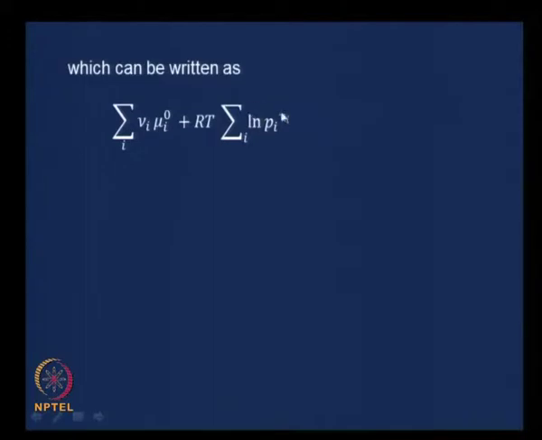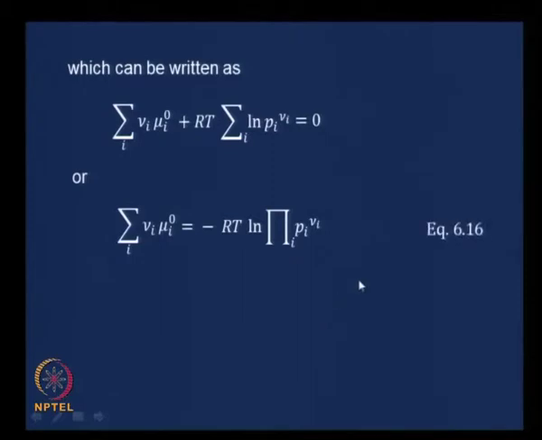You can work this out by looking at the properties of the log function, and this is summed over all i, this equals 0. Or you can write this as sum over i nu i mu i naught equals minus RT, this is sum of log, which is nothing but log of the product that we all know, product of, as represented by this big pi here, product of Pi power nu i. Let us call this equation 6.16.